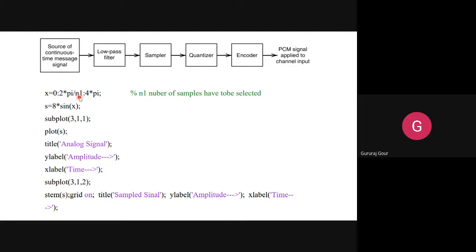N1 we already defined as the number of samples in one period. For example, let us assume that n1 is 8. For the present discussion, for the time being, let us assume that both n and n1 are equal to 8. Then yes, we'll take it as 8 times sine of x.